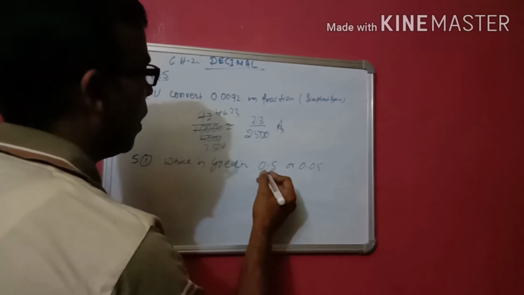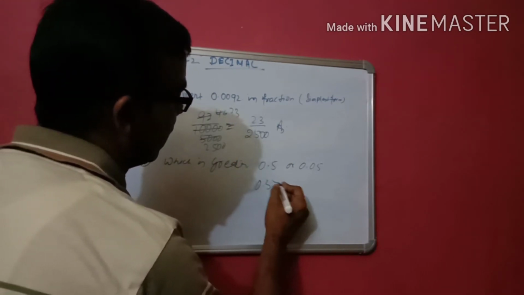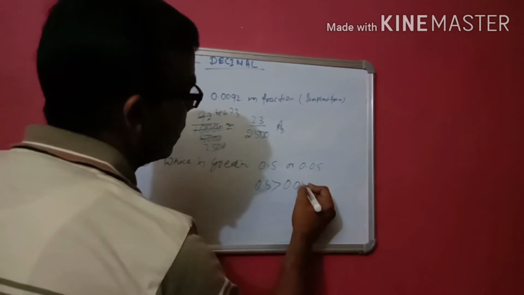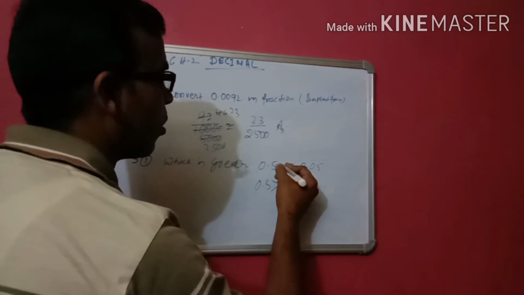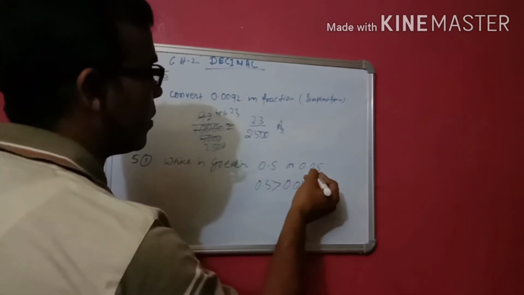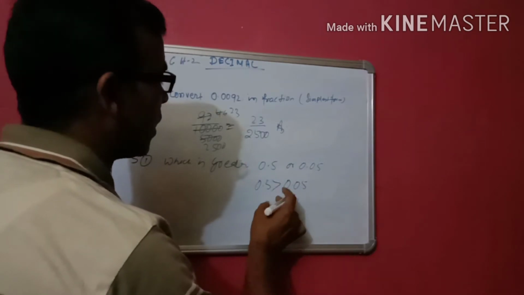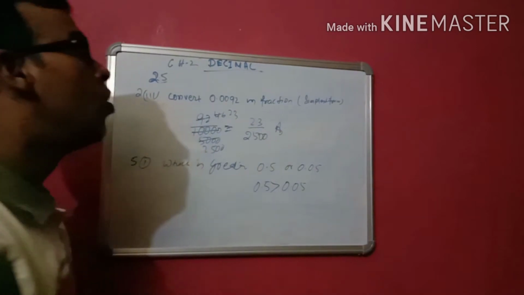Therefore I can write 0.5 is greater than 0.05. I am comparing the 1 by 100 place, then the 1 by 10 place, where one has 0 and the other has 5. So 0.5 is greater than 0.05.